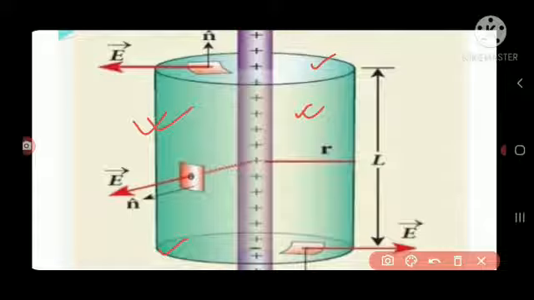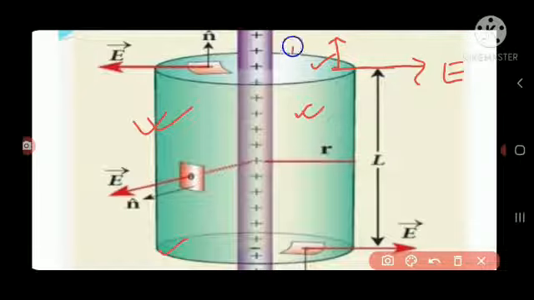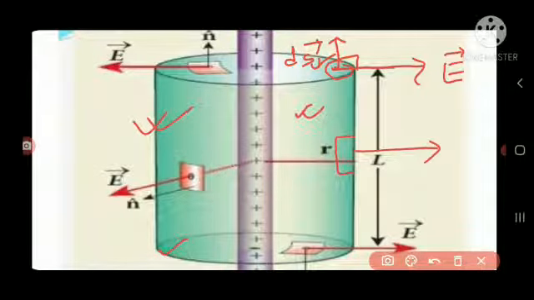Now you see, let us consider this is the direction of the electric field. On the upper surface, the area is acting in this way. This small area is considered as ds1, so here E and ds1 are acting perpendicularly. Another area is along the curved surface, in the same direction as the electric field.